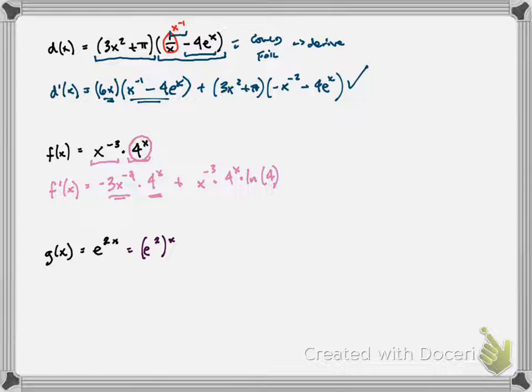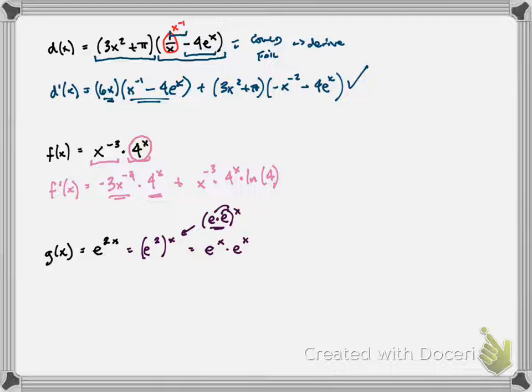You could think of it as e squared to the x, or you could think of it as e to the x times e to the x. I kind of skipped a step there. This is e times e to the x, and when I'm raising a product to an exponent, I raise both of those terms to that exponent.